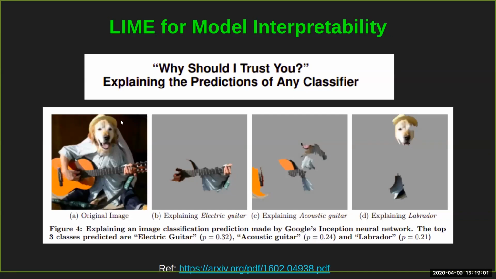Here you can see that using LIME, the algorithm has predicted that these are the pixels responsible for this input sample being classified as electric guitar, and similarly. So you can use LIME to identify which features inside your sample are prominent for your target class.